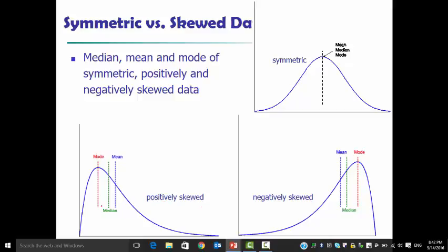But anyway, it's not normal distribution. In this case, we have a mean value here. Mean and mode distance is 3 times the mean and median, right? In this example, same as in that example.